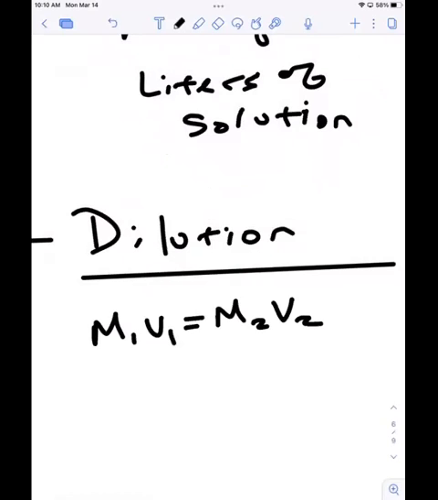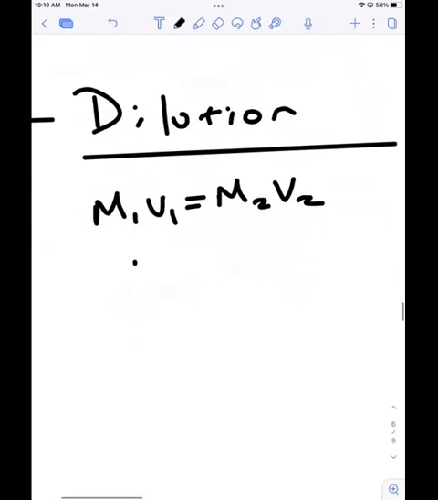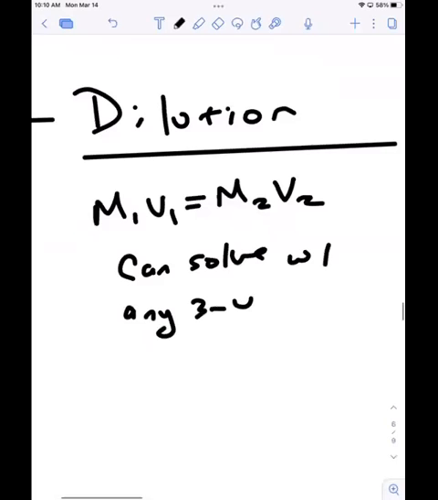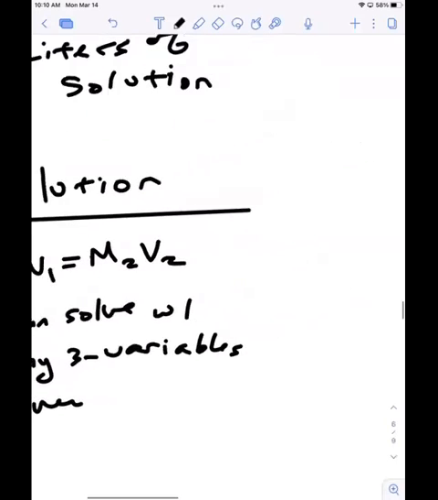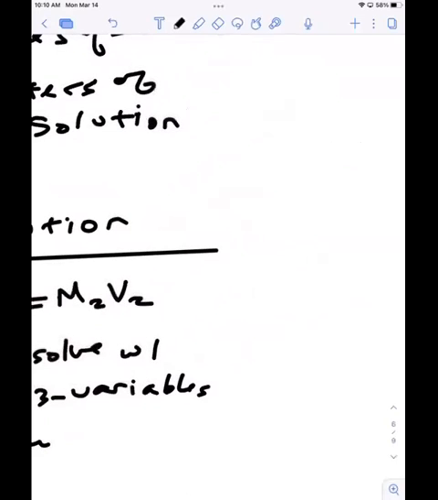As long as you have three of the 4 variables, you can solve for the 4th one. And so when you're doing dilution, again, you are basically changing the concentration of one of your solutions.